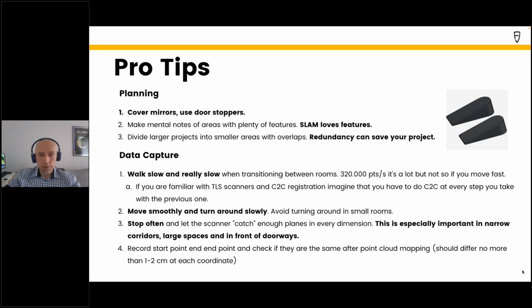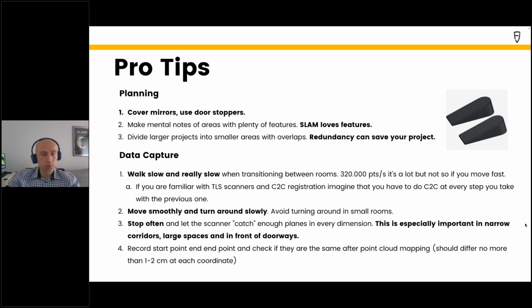Okay, record the start point and end point and check if they are the same after processing the point cloud, after the point cloud mapping function in Trion model. I use it as a first check if the scan is okay.